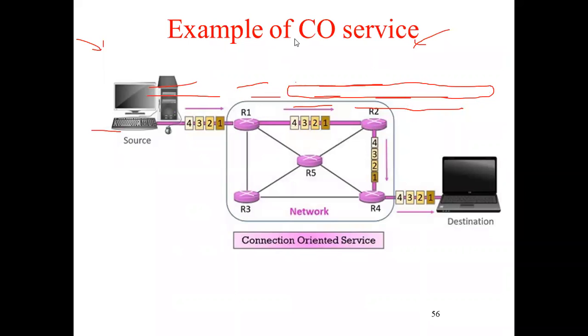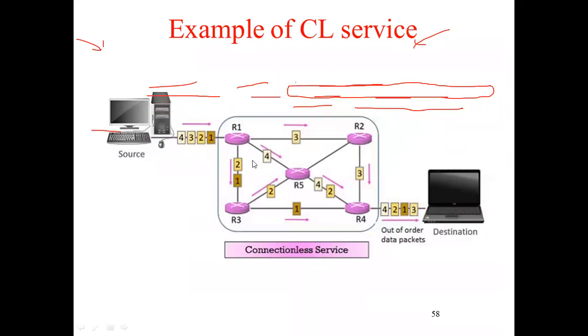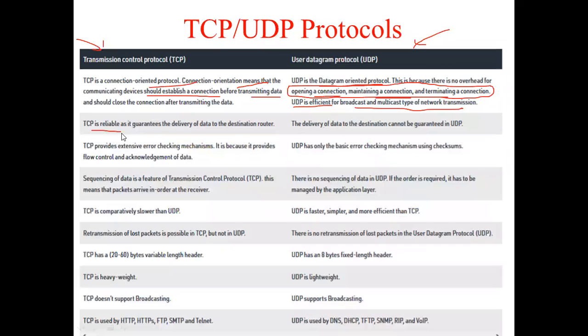That is why, in the second comparison, TCP provides reliability as a guarantee of delivery of data to the destination. Obviously, if we provide dedicated resources between one source and one destination, then the probability of collision is much lesser, right? In some applications this is needed, right?